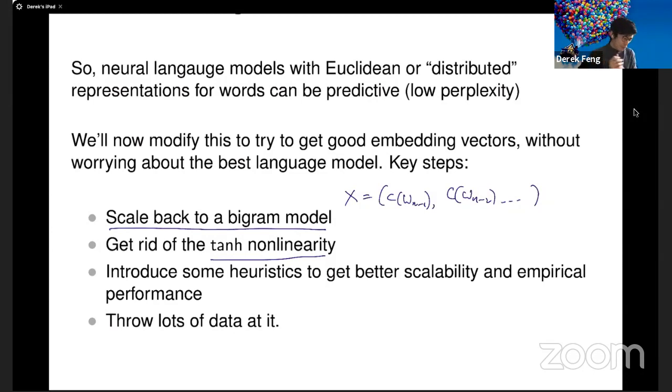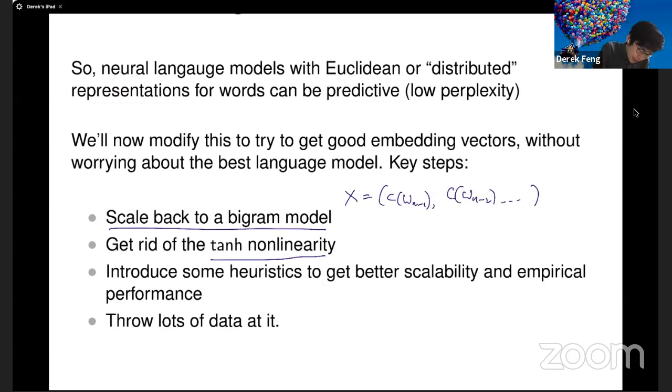Because if you remember when we were describing the very simple version of a neural language model, when we had just a bigram without the nonlinear component, it was basically like logistic regression, right? And we're going to see that's basically the same thing here. It's basically a large scale logistic regression where you're sharing the parameters for your input. So it's a little bit clever in that sense.